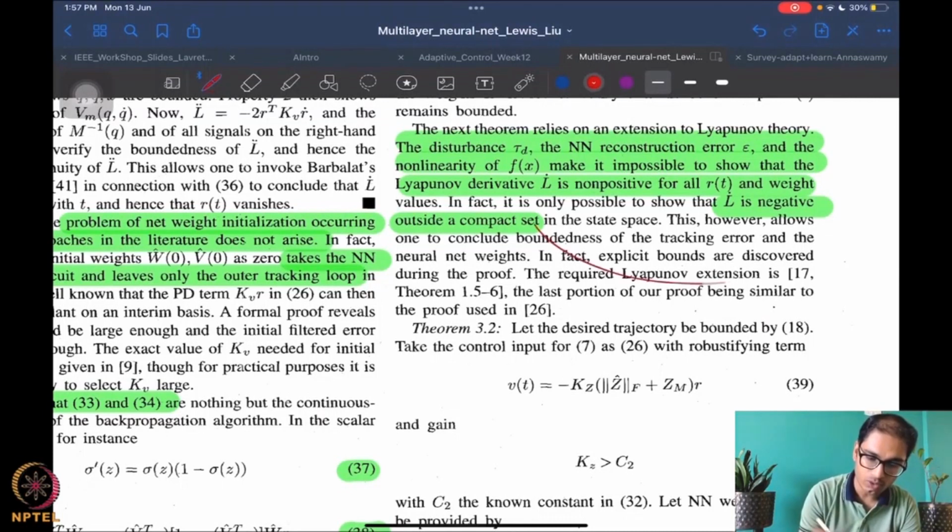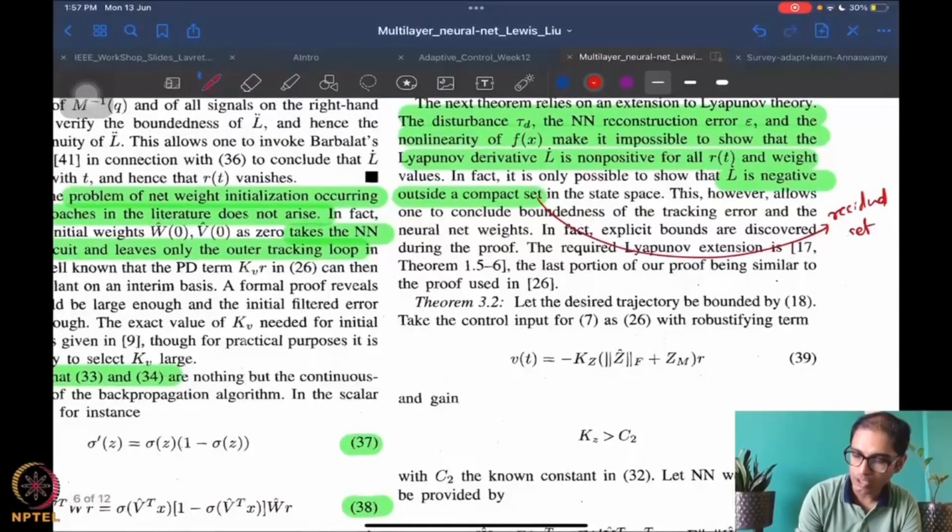So this is, as usual, our residual set type result. You are used to this, because if there is a disturbance and an epsilon error in the function approximator, you have to have some kind of residual set performance only. You cannot have exact convergence. So one should not even expect any exact convergence. This is the first important thing to remember.